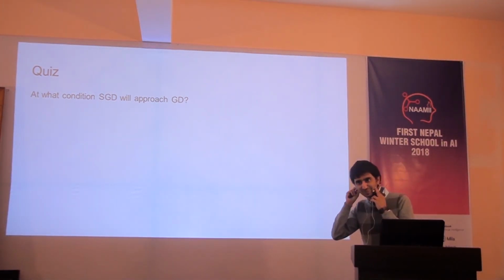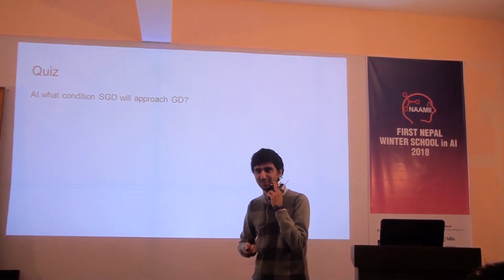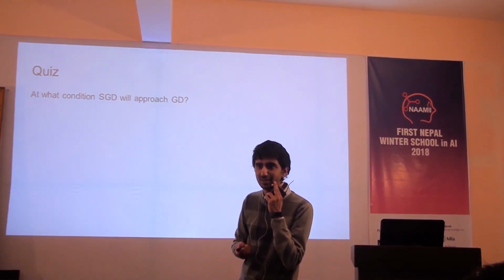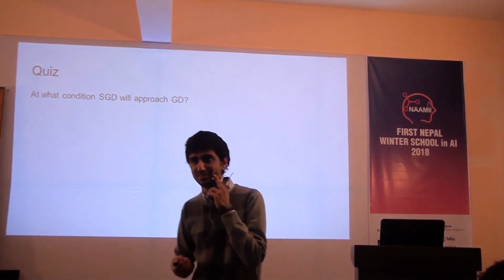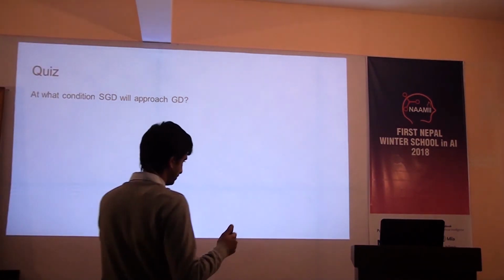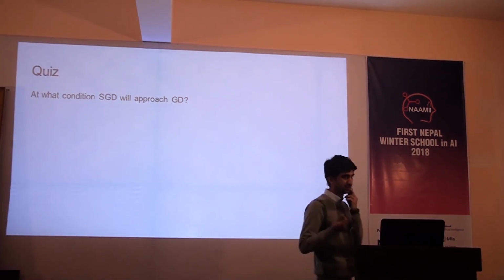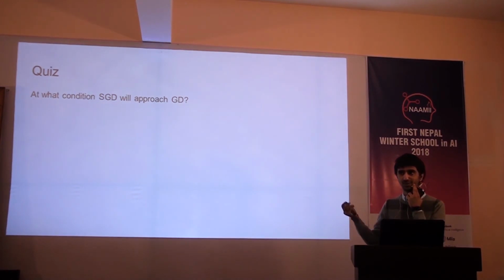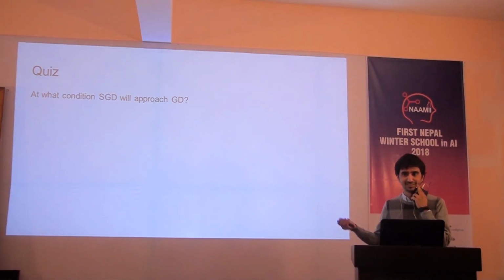What did you say? What is the answer? Small data size? Yes, okay. That could be, that's also true. Small data size, for example, if your data is only one size, then it's the same, right?